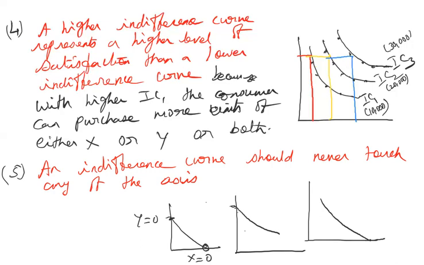So here y is 0, and at this point x is equal to 0. The consumer should have a combination of both x and y. If it touches either of the axes, that shows that one commodity is 0. That is against the principle of indifference curve. Normally the consumer wants a combination of both x and y. So that's why an indifference curve should never touch any of the axes.